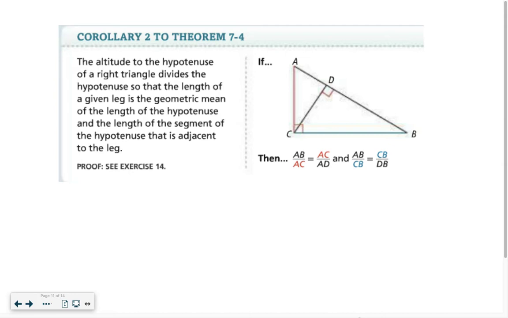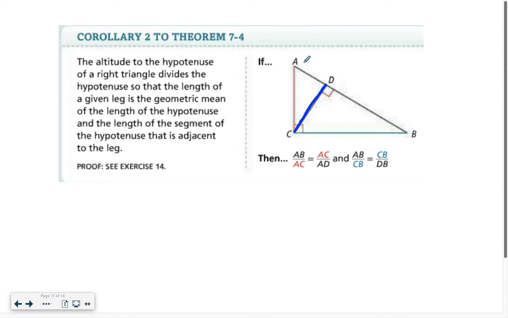All right, so here is corollary 2 to theorem 7.4. Just remember the altitude to the hypotenuse, that CD line, divides the hypotenuse so that the length of the given leg is the geometric mean of the length of the hypotenuse and the length of the segment of the hypotenuse that is adjacent to the leg.